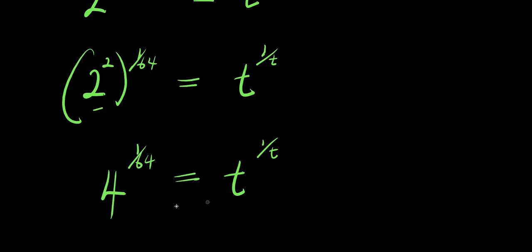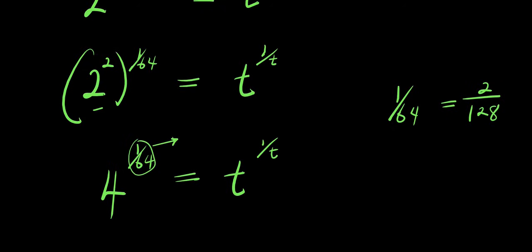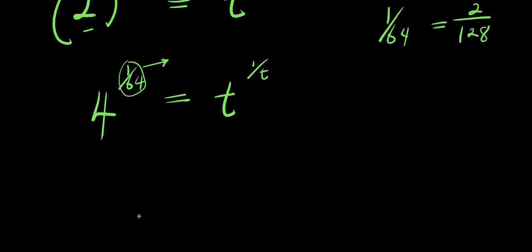Now, I can also find the equivalent fraction of this. 1 over 64 is the same thing as writing 2 over 128. I'll replace it here. I have 4 power 2 divided by 128 equals t power 1 over t.